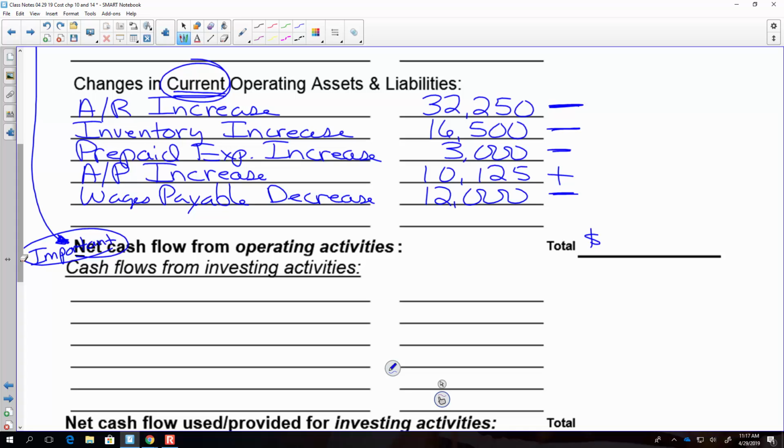Is it positive? 18,600. I knew it was close. Okay, so it's a positive cash flow, but not too close for me.